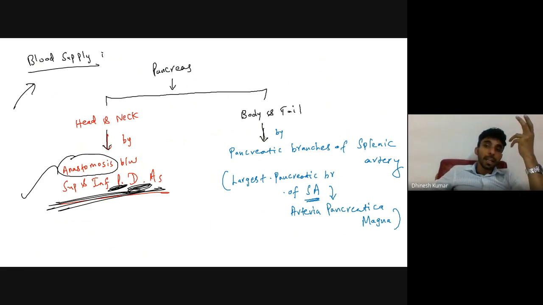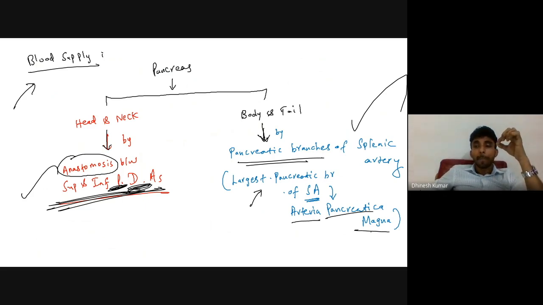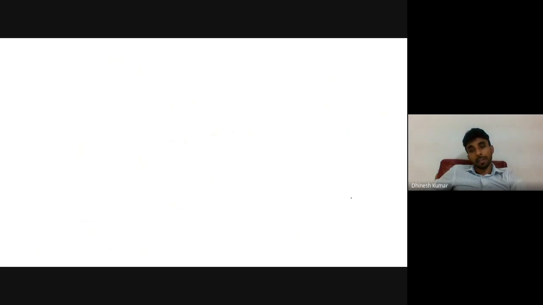What about the body and tail? They are supplied by the numerous pancreatic branches of the splenic artery. And one more possible MCQ, which I have added: the largest pancreatic branch of the splenic artery is called Arteria pancreatica magna. Magna means largest.